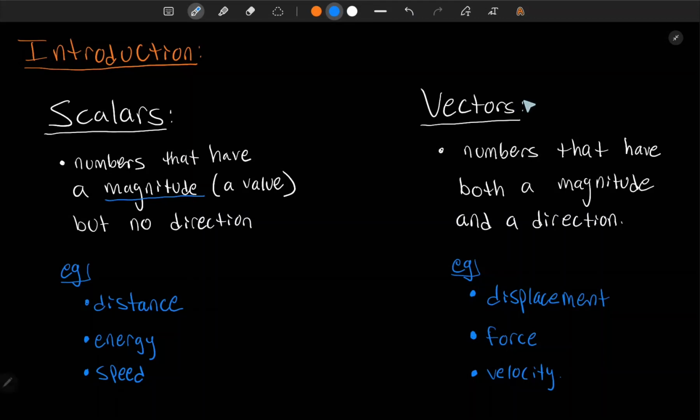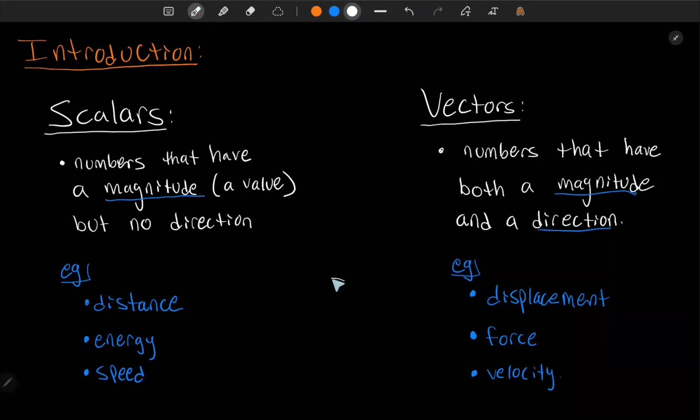On the other hand, vectors are numbers that have both a magnitude, so a value, and a direction. So examples of this are displacement, force, velocity, and you may remember from physics that distance and displacement actually are different from each other.